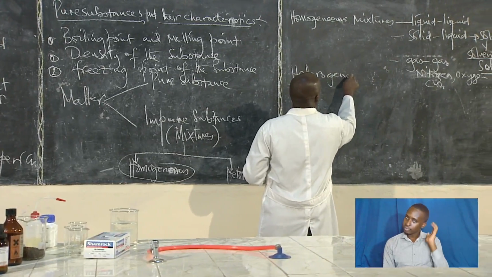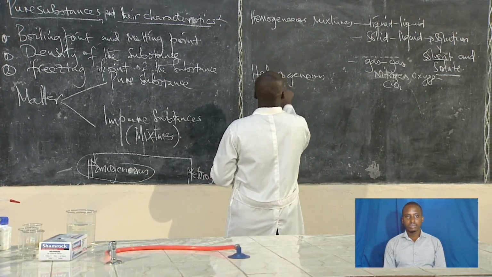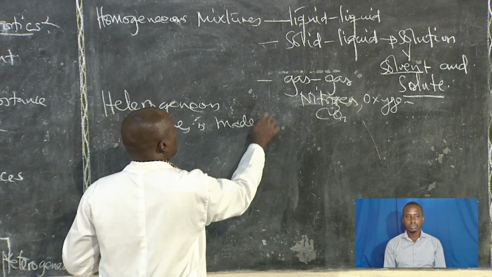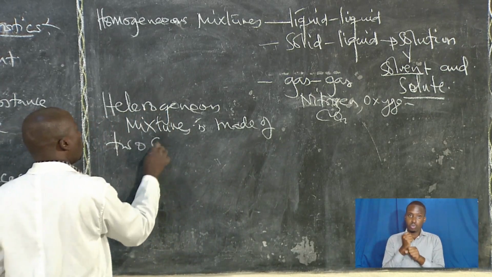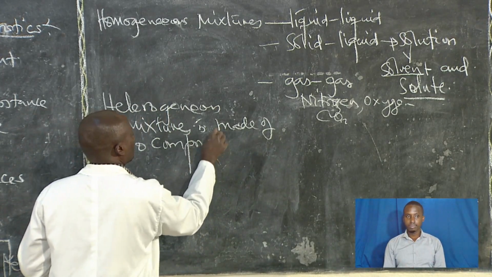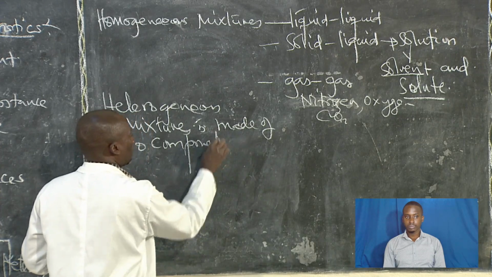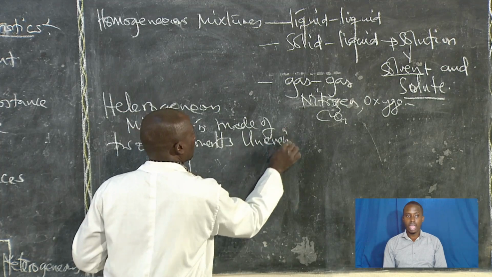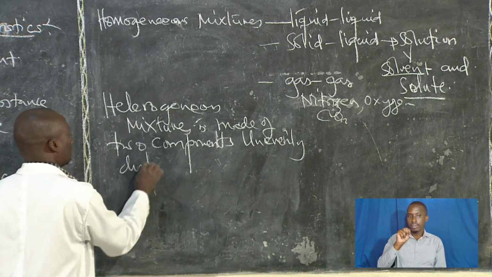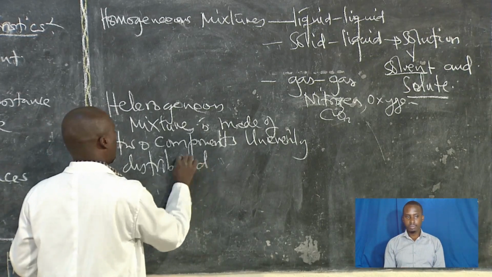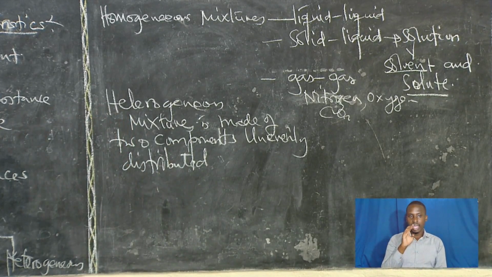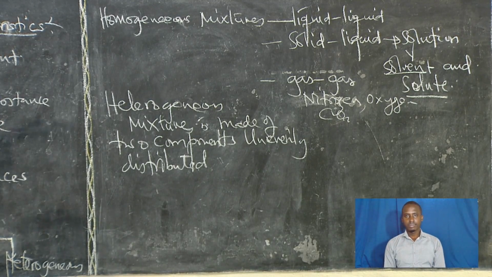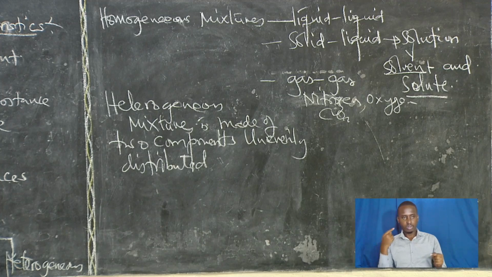Heterogeneous mixtures are made of two components that are not evenly distributed. So it is the opposite of the homogeneous mixtures.